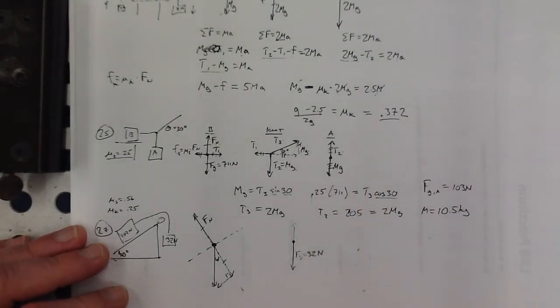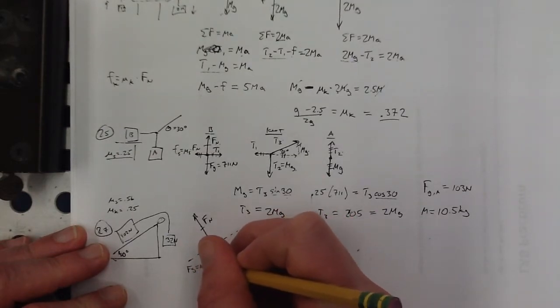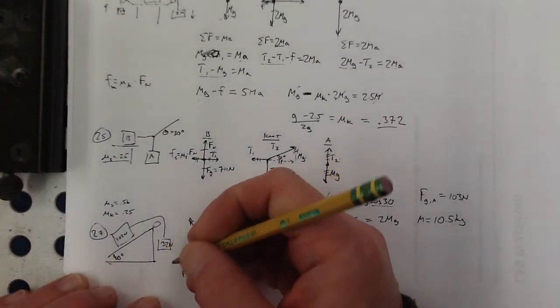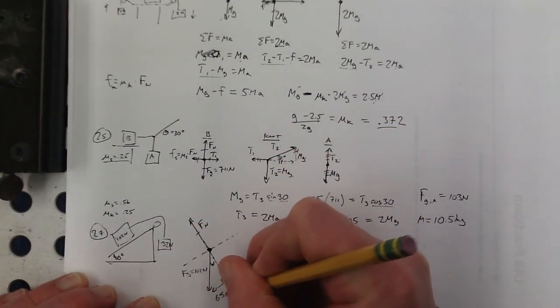So there's the 32 newtons, and then this is 102 newtons. So let's continue to be quantitative. 102 sine 40, that is my down the ramp component.